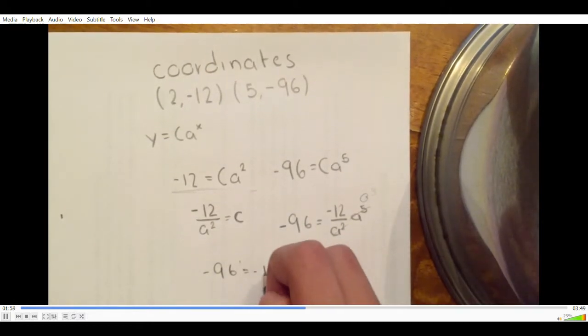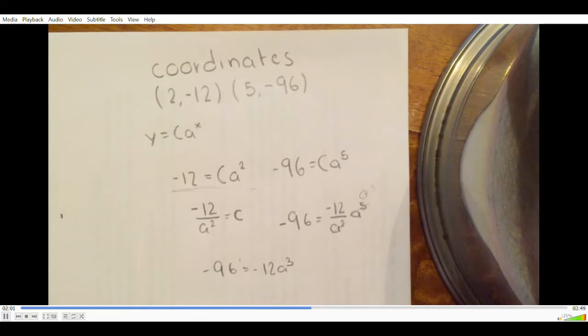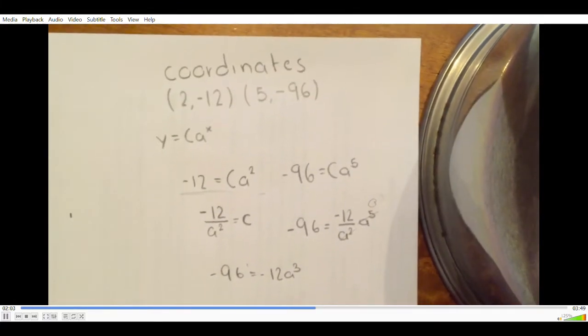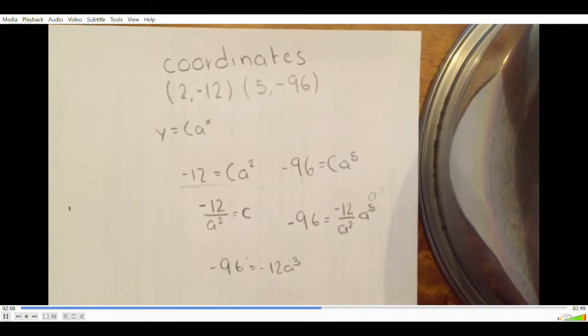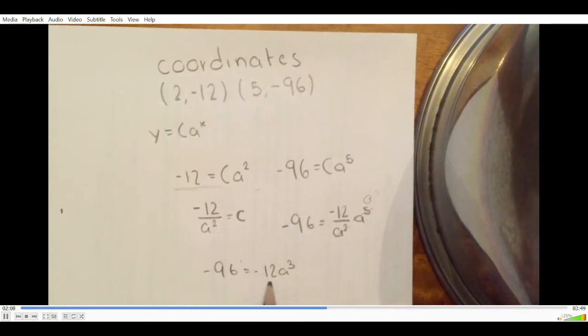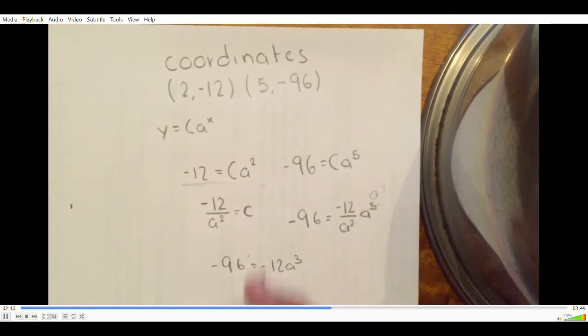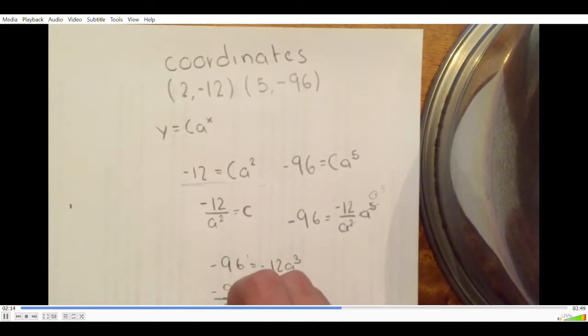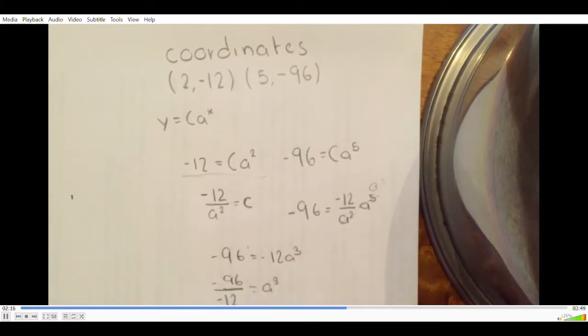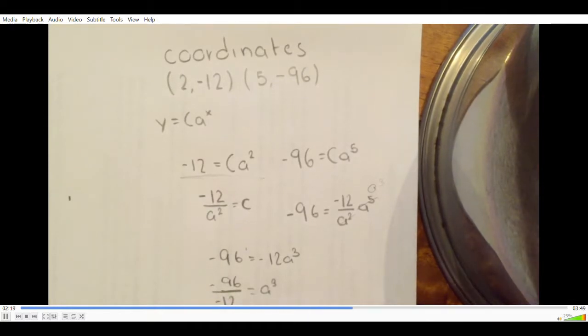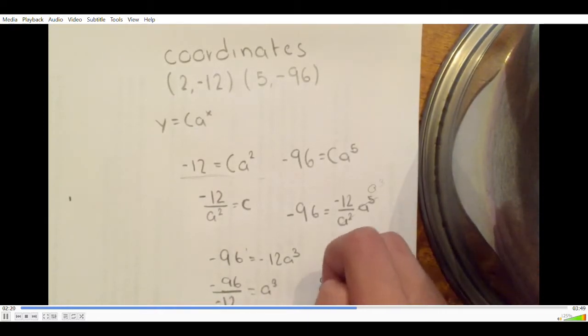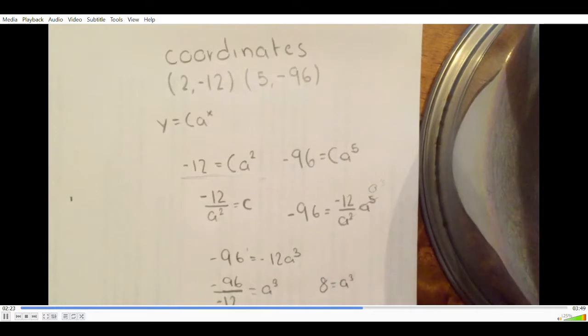So it's going to be -12 and a to the 3rd power. What is going to happen after this is that we're going to simplify, we're going to send -12 to the other side. So it's going to be -96 over -12, and it's going to be equal to a to the 3rd power. Negative times negative is positive, so it becomes 8 is equal to a to the 3rd.